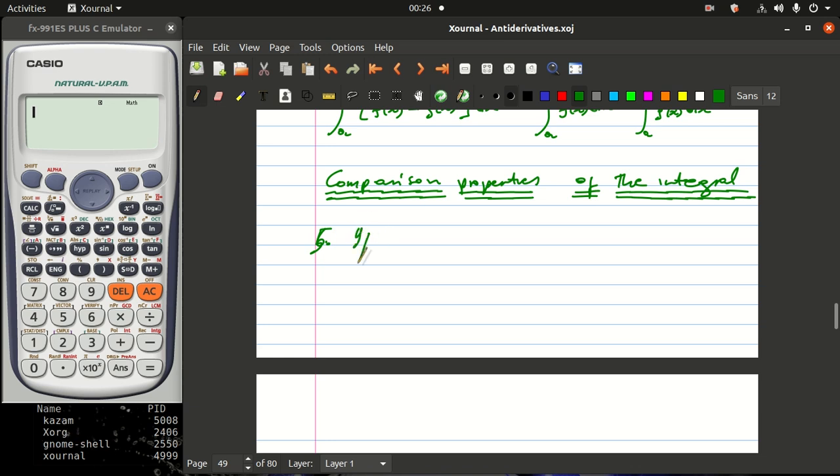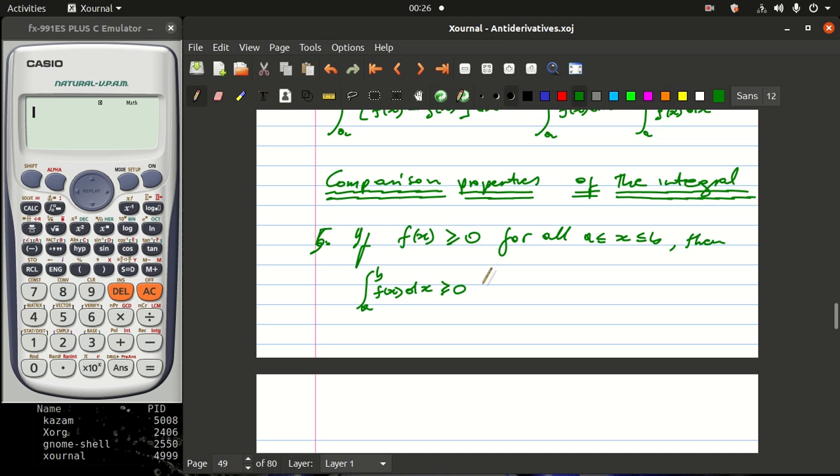So let's say you have a function f of x, and this function is always positive or equal to 0 for all x that are between a and b, then when I'm taking the definite integral from a to b of this function f of x, because this function is always bigger than or equal to 0, then the net area must always be bigger or equal to 0.